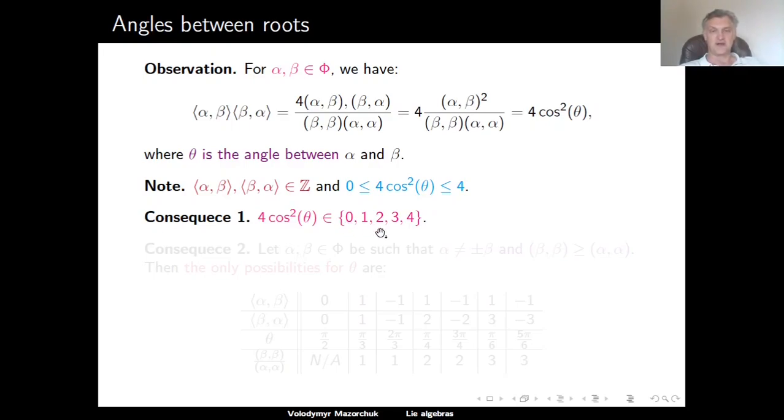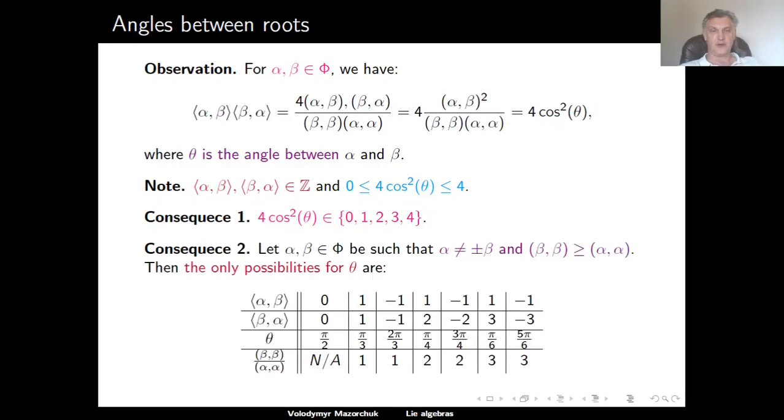So let's consider the remaining cases when 4 times cosine squared of theta takes a value 0, 1, 2, and 3. In this case, we can derive the following consequence: given two elements alpha and beta in phi, such that alpha is not a scalar multiple of beta, and assuming that the scalar product of beta with itself is greater than or equal to the scalar product of alpha with itself, the only possibilities for theta and for the angle brackets of alpha and beta under these assumptions are the following.